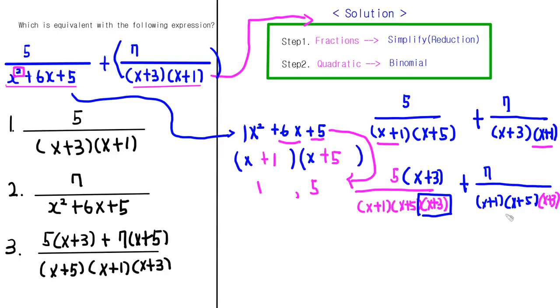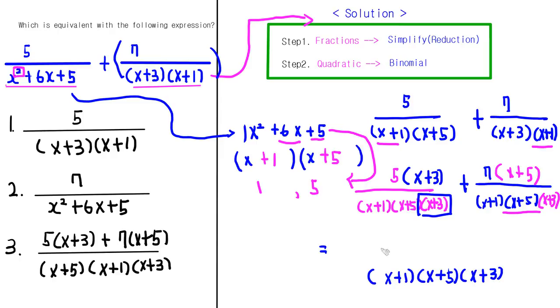But since we multiplied x plus 5 in the denominator, we also need to multiply x plus 5 in the numerator. Now we can cancel these denominators and write it only one time because they share a common one: x plus 1 times x plus 5 times x plus 3.